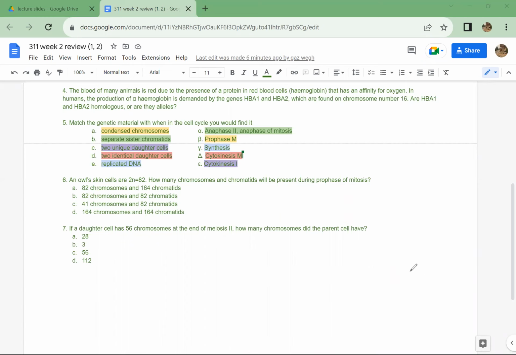So knowing that, we can answer this question. An owl's skin cells are 2n equals 82. How many chromosomes and chromatids will be present during prophase of mitosis? So 2n equals 82. What do we know? We know that there are going to be 82 total chromosomes. So we can instantly check off this one and this one.